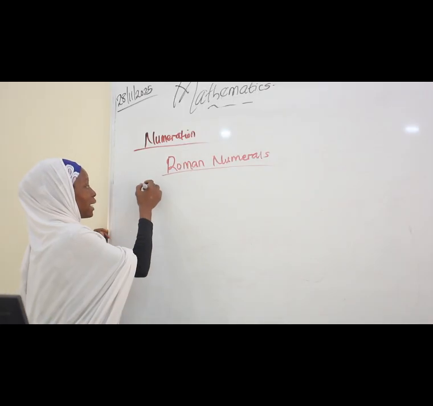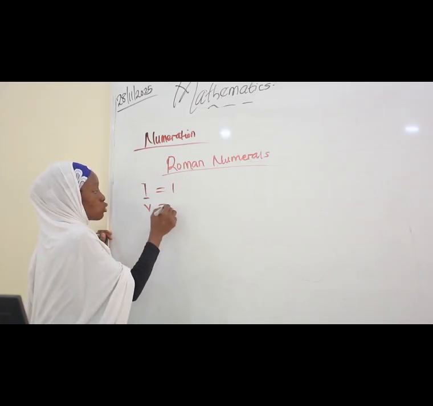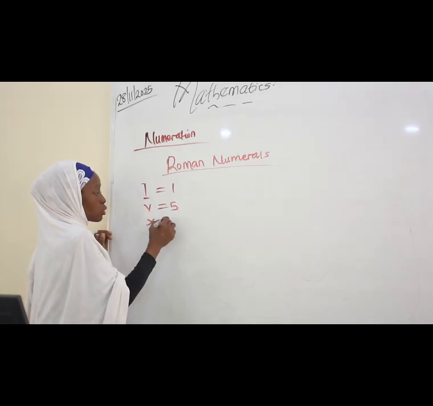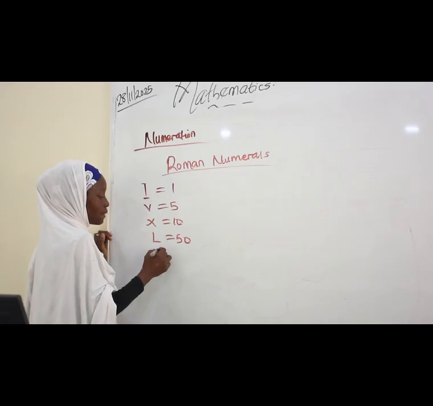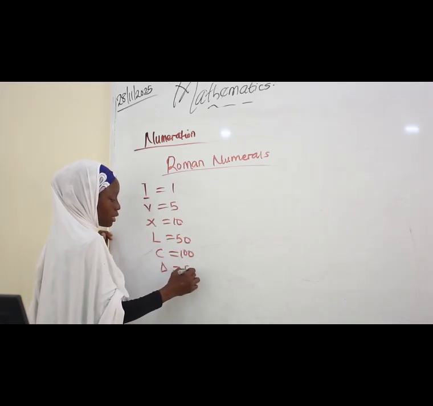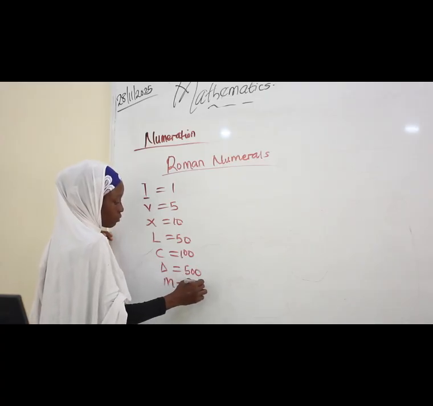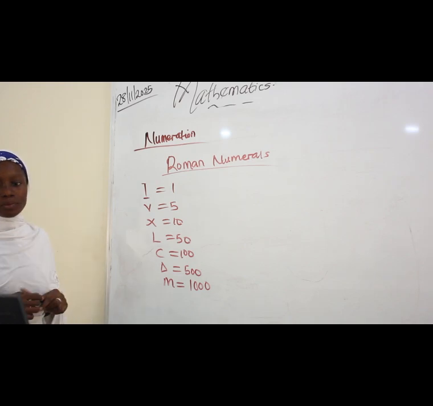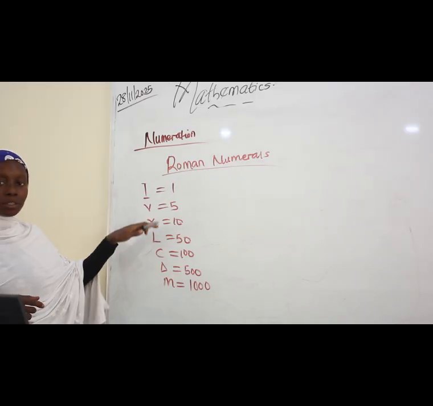We have I to be 1, V to be 5, X to be 10, L to be 50, C to be 100, D is 500, and then we have M to be 1,000. So these are the building blocks. We have 7 Roman numerals: 1, 2, 3, 4, 5, 6, 7.